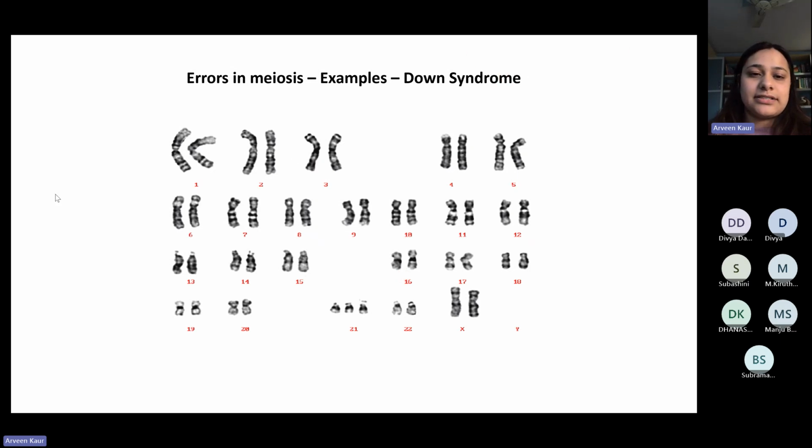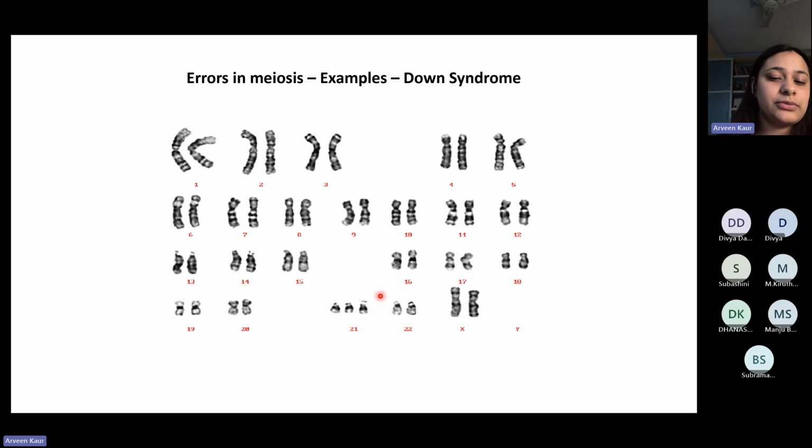So, as we have discussed, there could always occur errors in meiosis, like the errors that we were discussing due to non-disjunction of chromosomes, for example. Right over here, I have mentioned some examples of these errors and how some kinds of diseases or syndromes arise from these errors, right? One of them is Down syndrome, right? So over here, Down syndrome we have gone through.